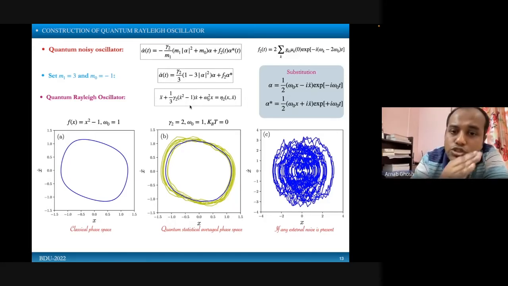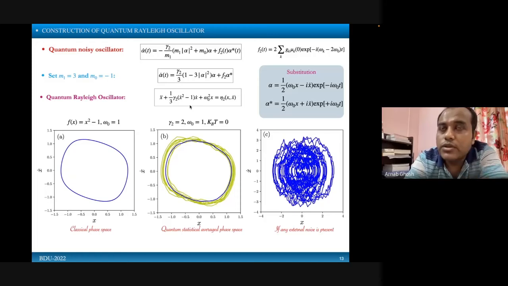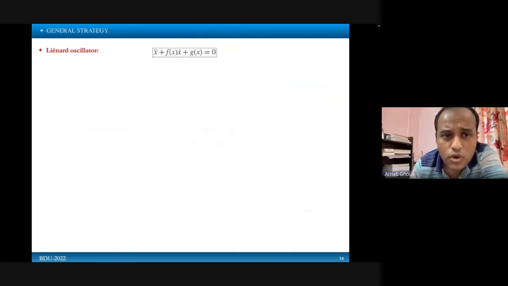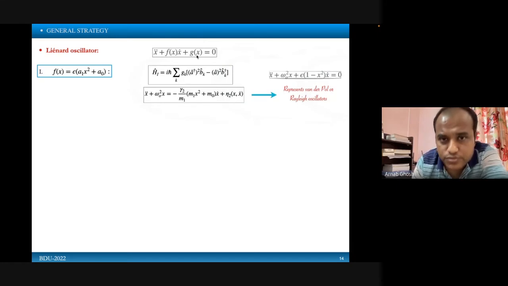Now, can I do the same thing with a generalized family of van der Pol oscillators, which may also admit multiple limit cycle oscillations? To understand that, we have this form, the Liénard oscillators.